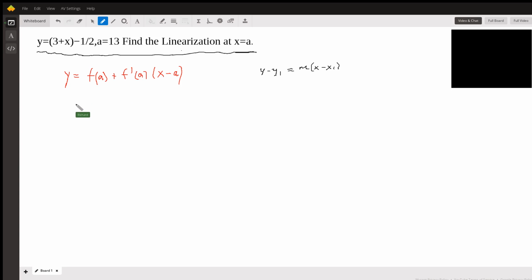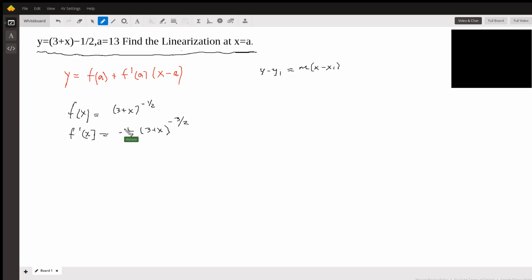Okay, so we have to find f prime. f of x here is equal to 3 plus x to the negative 1/2. And so f prime of x is going to be negative 1/2 x to the negative 3/2. We're just using the power rule here, and now we subtract 1 from the exponent.